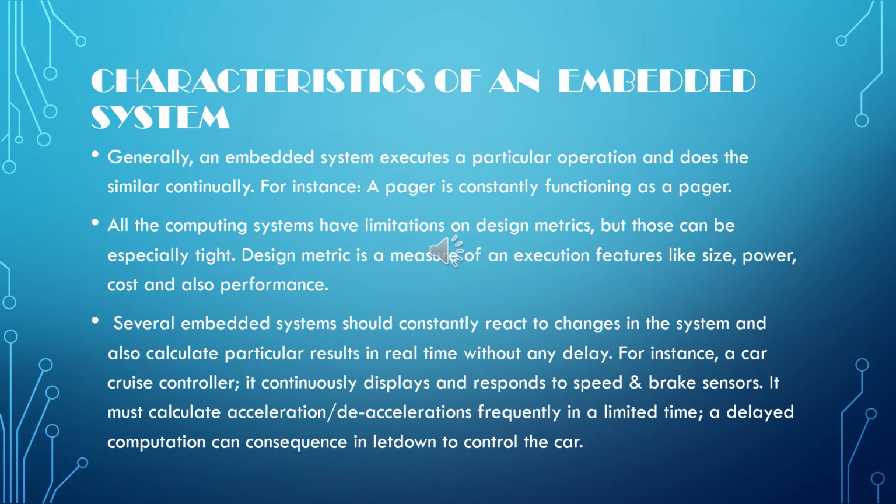Several embedded systems should constantly react to changes in the system and also calculate particular results in real time without any delay. For instance, a car cruise controller continuously monitors and responds to speed and brake sensors. It must calculate accelerations and decelerations frequently in a limited time. A delayed computation can result in failure to control the car.